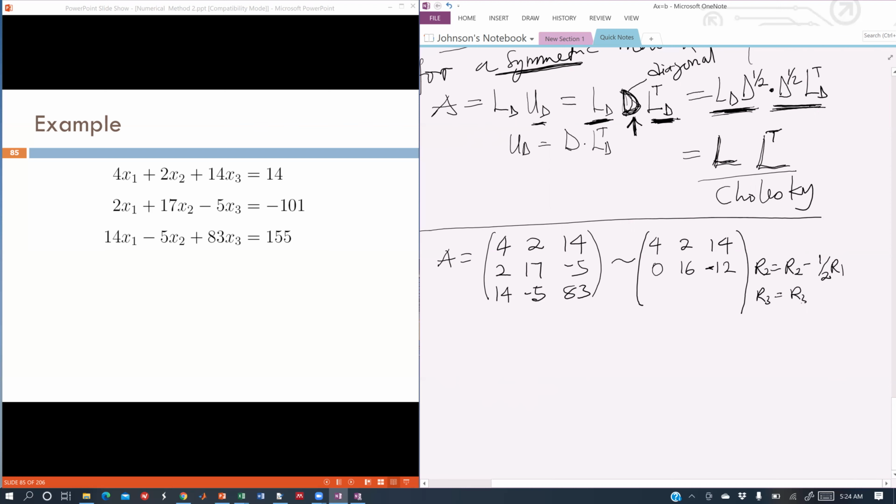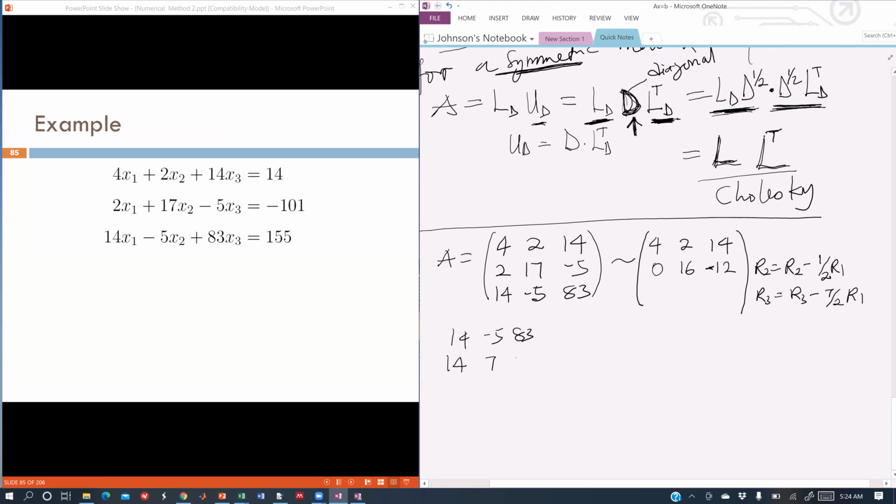row 3 minus 14 over 4, which is 7 over 2, row 1. And we have 14, minus 5, 83. So 7 over 2 times row 1 will leave us here to be 14. That will be here 7.